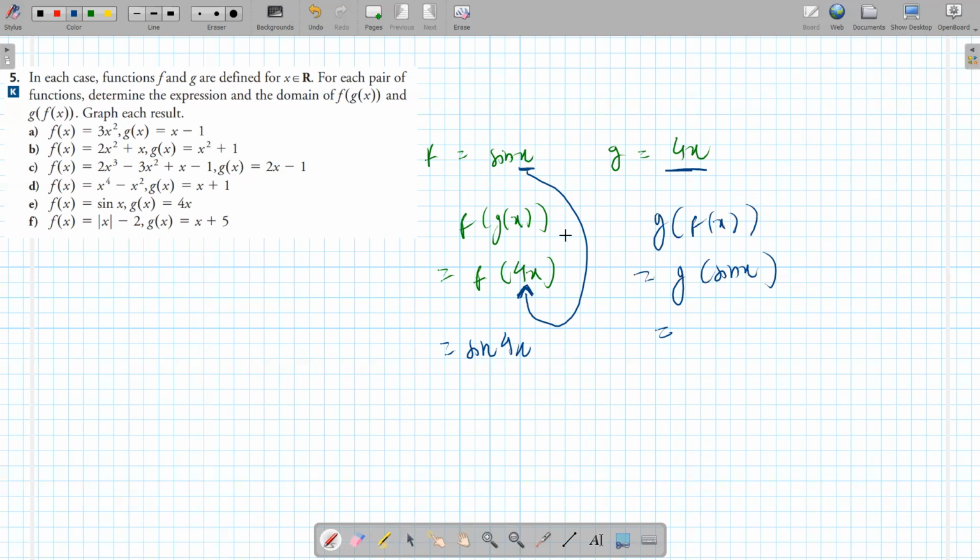You're going to replace this x with what you have in this bracket. So it'll be 4 times sine x, okay?